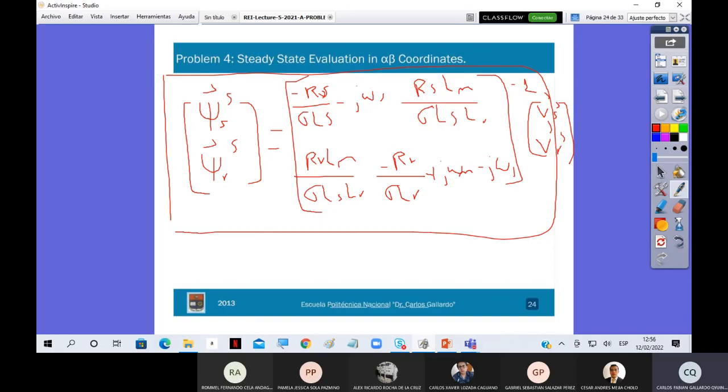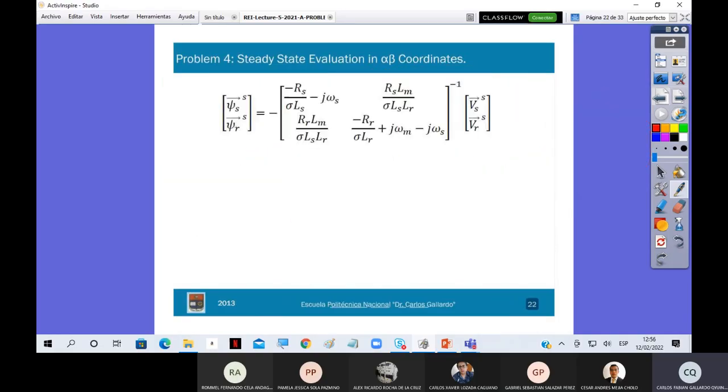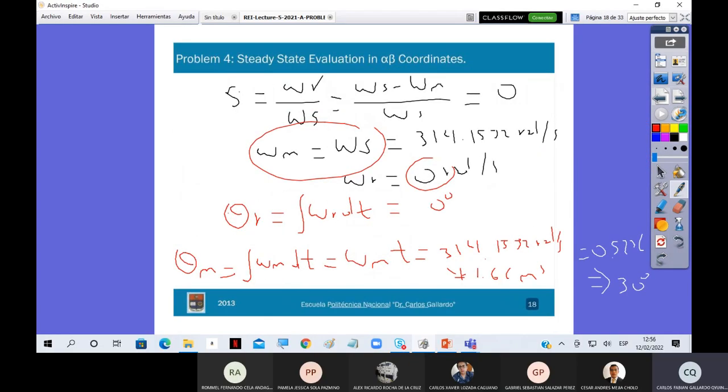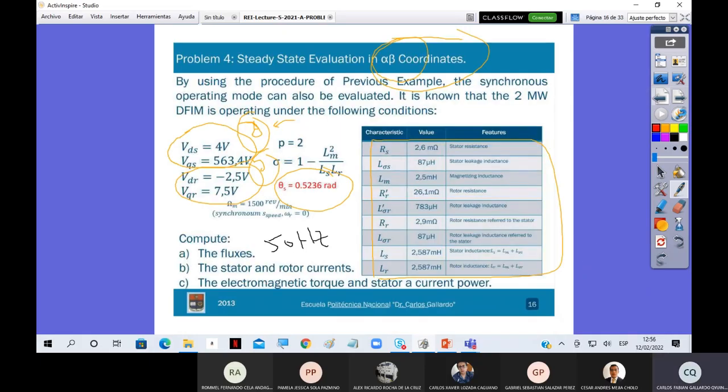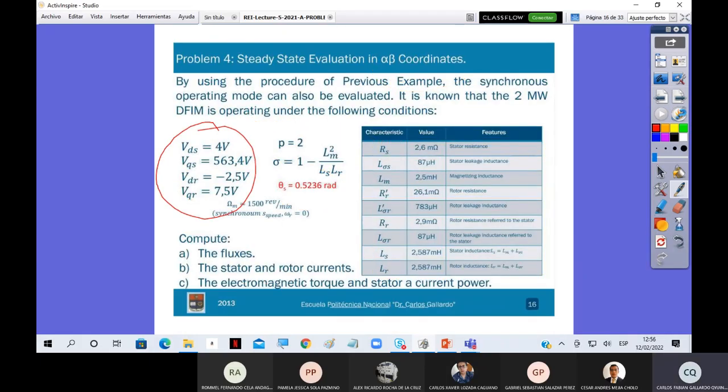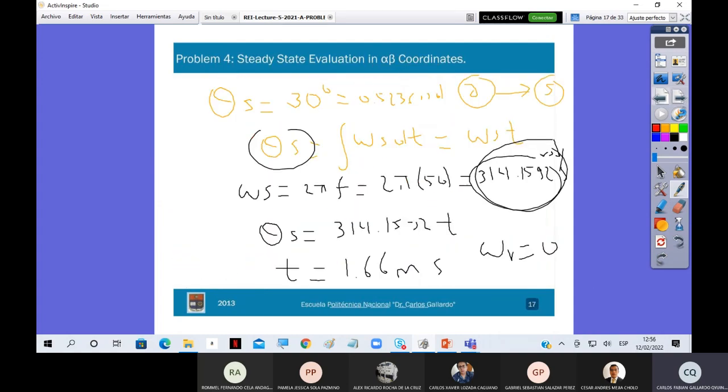Okay, so do you remember in the problem I have the data? I have the data in the synchronous reference frame, the DQ coordinates. I need to work in alpha beta coordinates, okay?